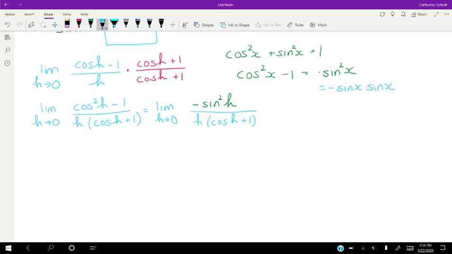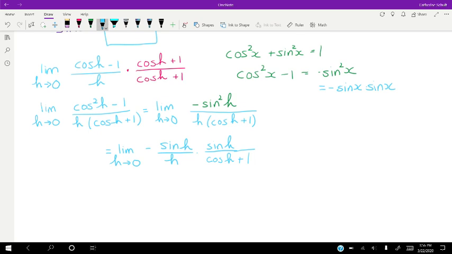So let's rewrite it like this. Negative sine of h, and I'm going to put 1 copy with this h, and 1 copy of the sine with cosine h plus 1.